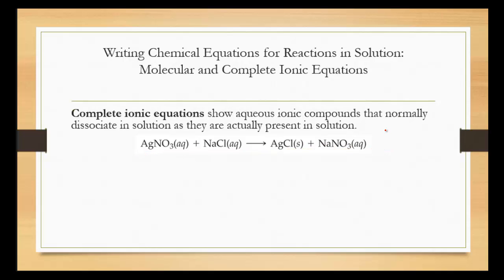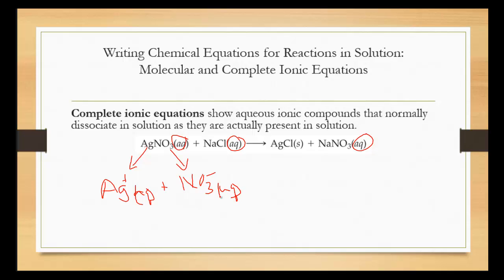Now we're going to talk about complete ionic. What happens with complete ionic is every time you see AQ, you're going to break it into the ions that it makes up. So AgNO3 goes to Ag plus, and that's AQ, it's dissolved in water, and NO3 minus, once again, dissolved in water.